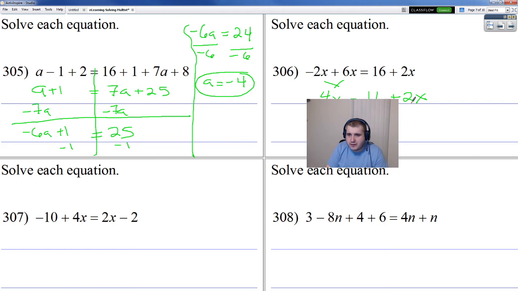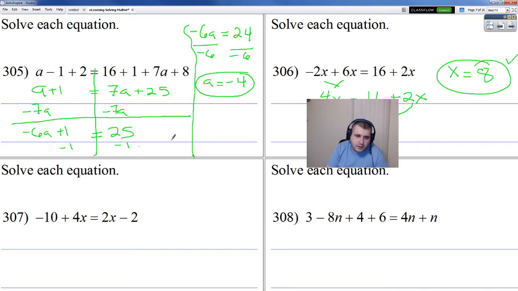It's right here. Bring this variable over here. The choice has already been made for you, right? 4x minus 2x. 2x equals 16. Divide both sides by 2. X equals 8. And then we end up checking, and we get 32 equals 32. We know we did it right.